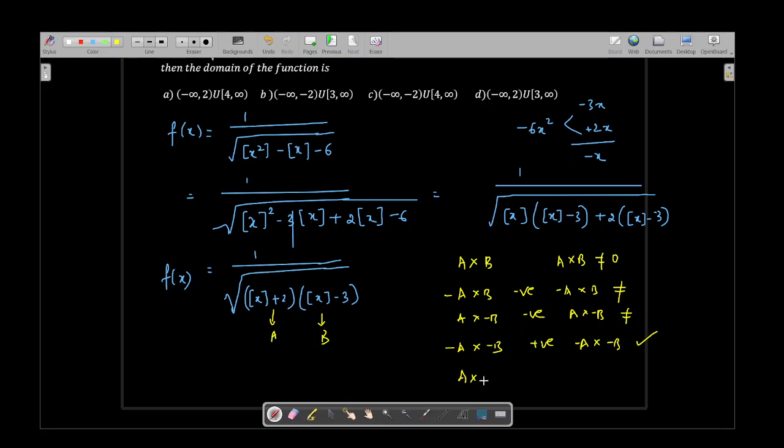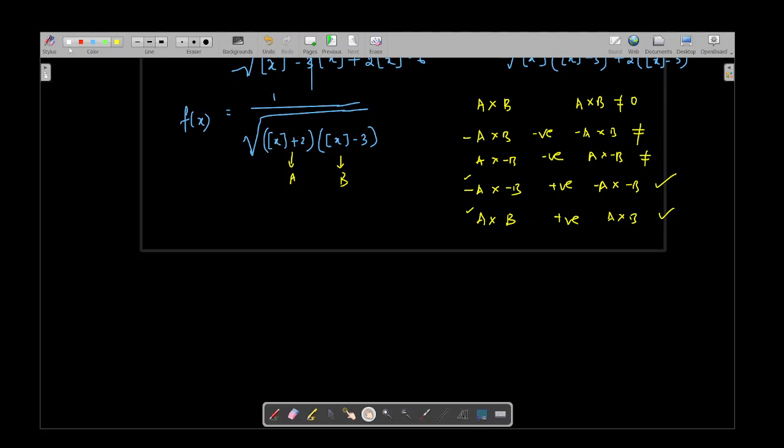When both a and b are positive, the product is positive, so that is permissible. So we need to find the domain such that both a and b are negative or both a and b are positive.